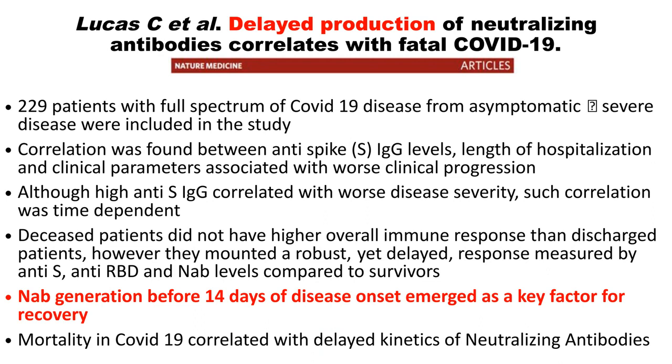Finally, it is to decide or to understand why some people die and others survive. This study was reported from Yale, which indicated that persons who do not generate neutralizing antibodies by day 14 of infection have more chances of dying, and if by the 14th day of infection you have neutralizing antibodies, then chances of survival are high.